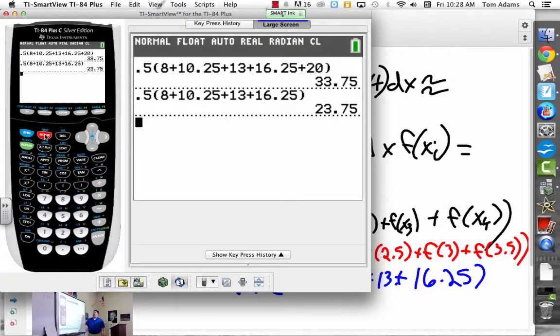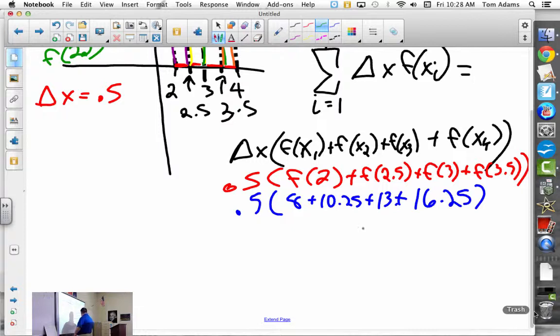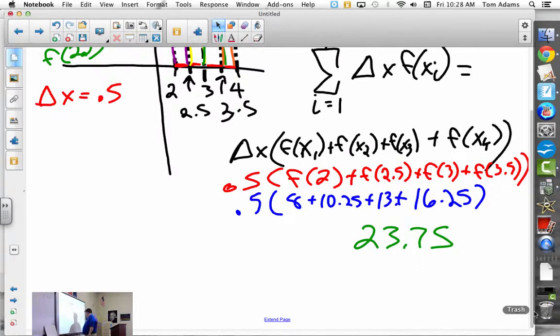I get 23.75, right? So now what I'm saying is that the area under the curve is approximately 23.75.